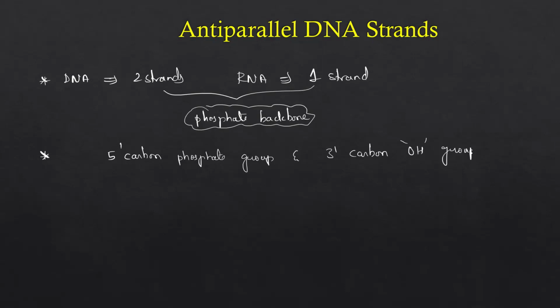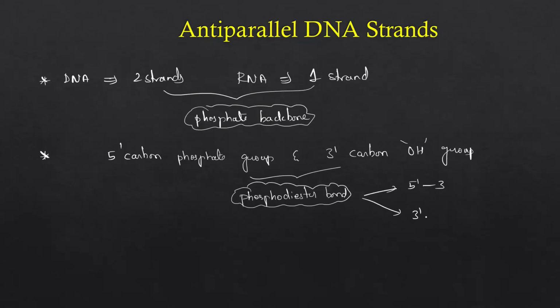So see here, the fifth carbon phosphate group and the third carbon OH group make a bond. That bond we call the phosphodiester bond. This is the second thing you need to remember. And for the polarity of the two strands, one will be 5 to 3, the other will be 3 to 5. Both are anti-parallel to each other.